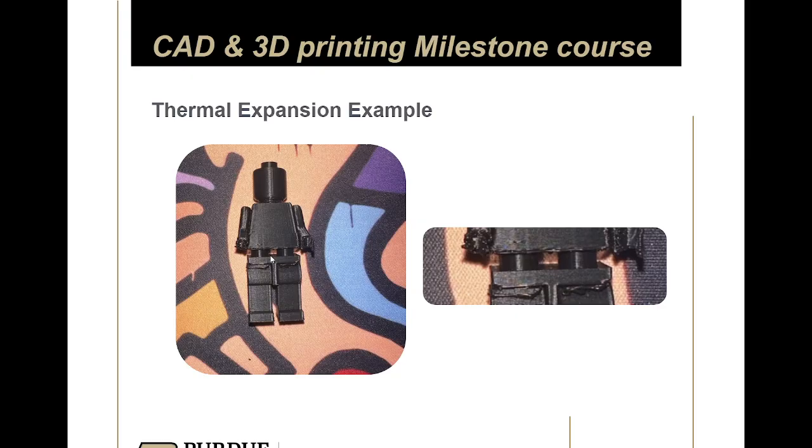And it's because either the pegs on the legs were a little bit larger than they were expecting, or the inside of the body was a little bit smaller, right? Either of the two could have caused this, but if you added a little bit more tolerance, then it may have made this fit a little bit better, right? Maybe adding that 0.1 or 0.2 millimeters can really do a lot when it comes to assembly.